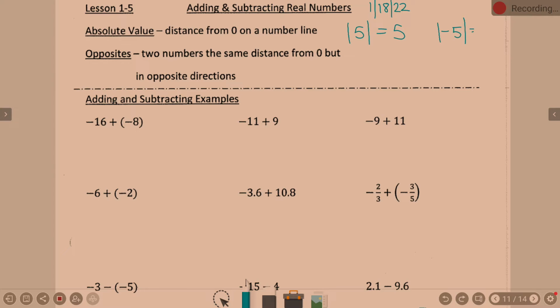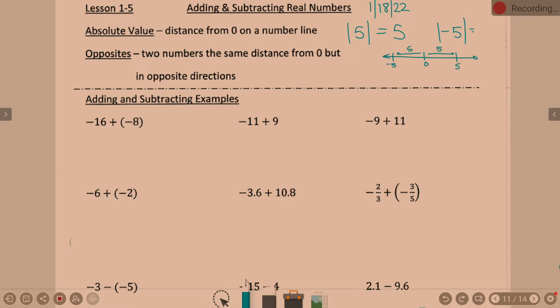Now, what about negative 5? What is the absolute value of negative 5? In other words, if we look at a number line here, here's 0. 5 was how far? That was 5 from the number line, or from 0. How far is negative 5 from 0? It's also how many units? It's 5, yes? Okay.